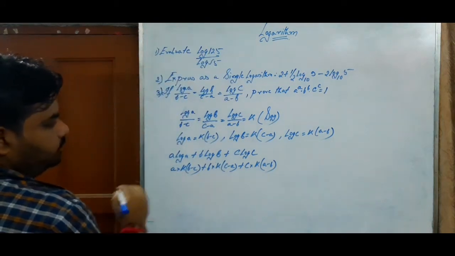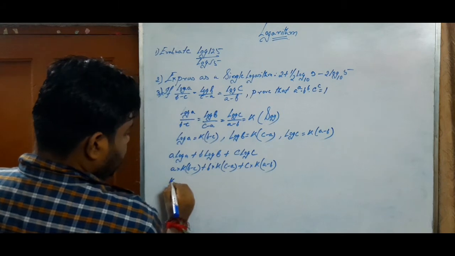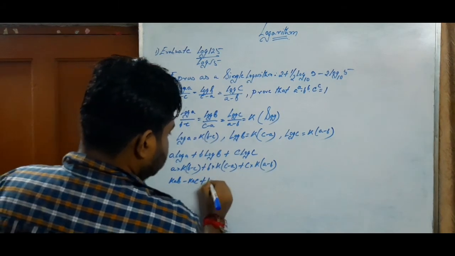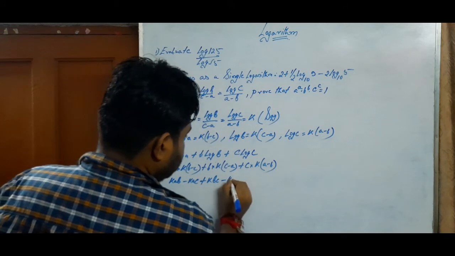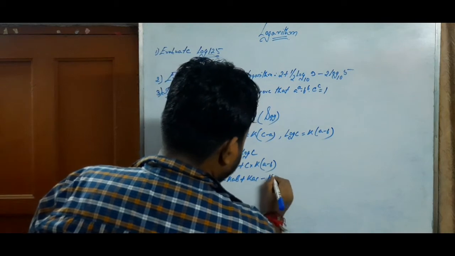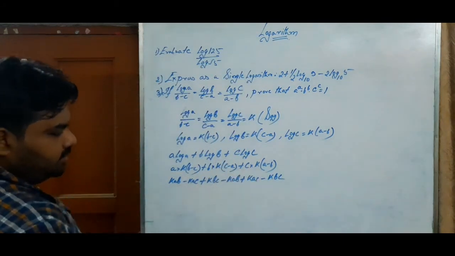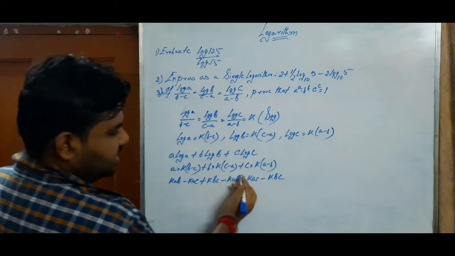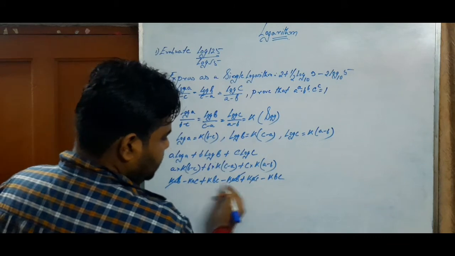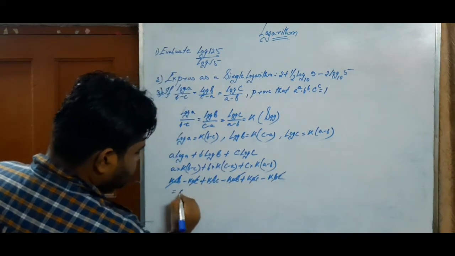Now that is kab minus kac plus kbc minus kab plus kac minus kbc. Just multiplying this, therefore kab minus kab will get cancelled out, minus kac plus kac will get cancelled out, kbc minus kbc will get cancelled out, that is 0.